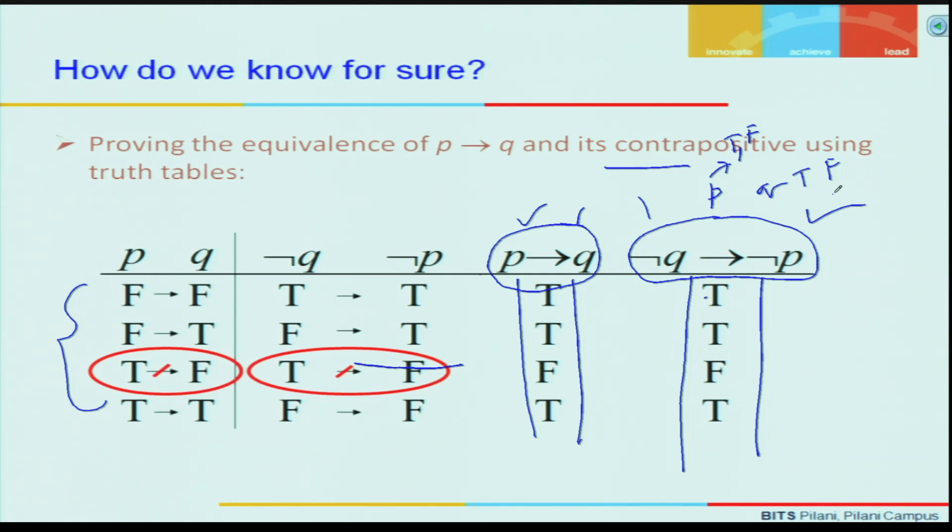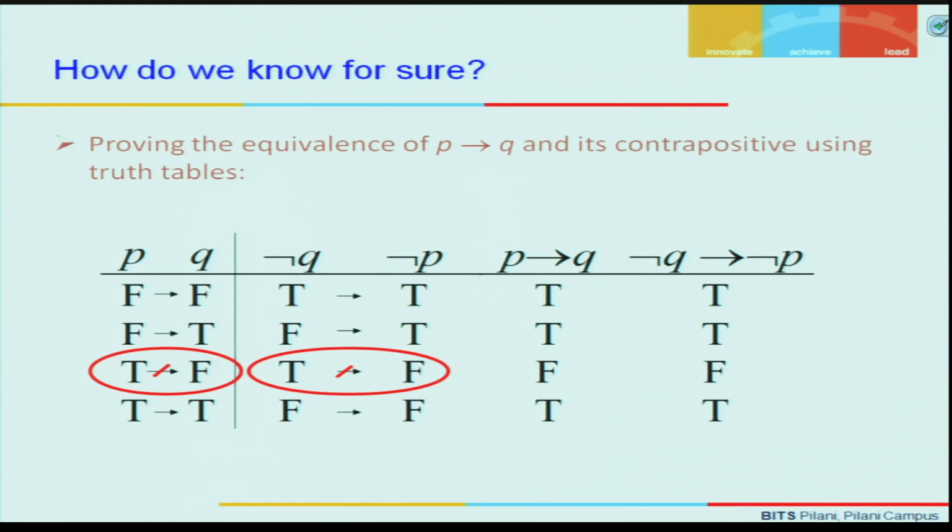So this is quite easy. When P assumes false and Q assumes false, we know that P implies Q takes true as its value. When P assumes false and Q assumes true, it takes true.